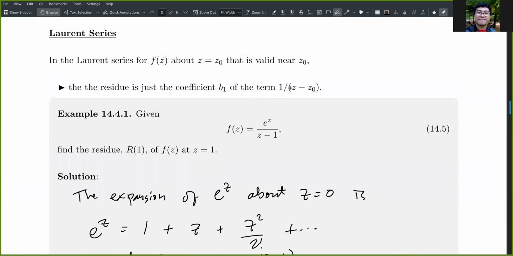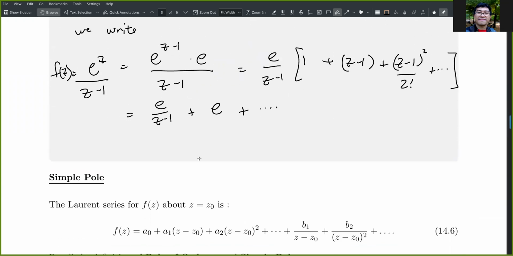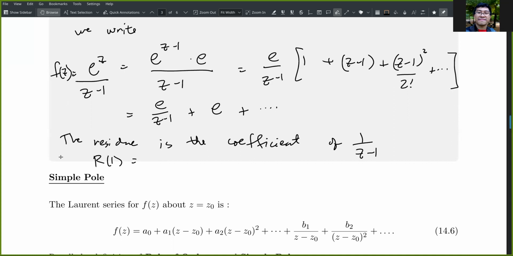We want the coefficient of the term 1 over z minus z naught, where z naught is 1. So the residue r of 1 equals e.